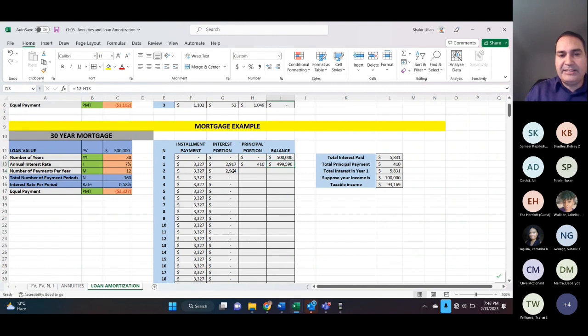And when I have that new balance, the next interest payment is getting populated. Anyway, you can select this whole row right here and double click on this. It is doing one row at a time.